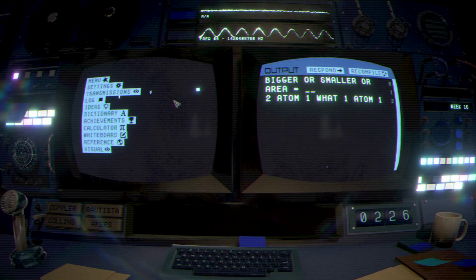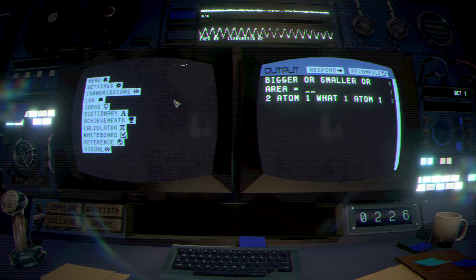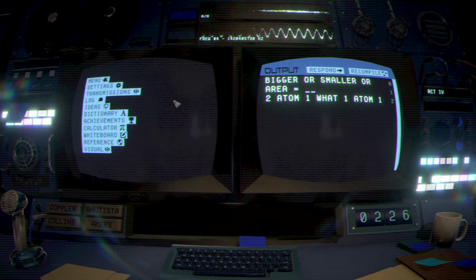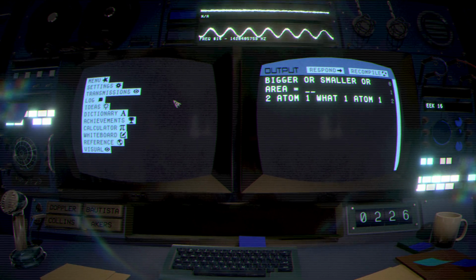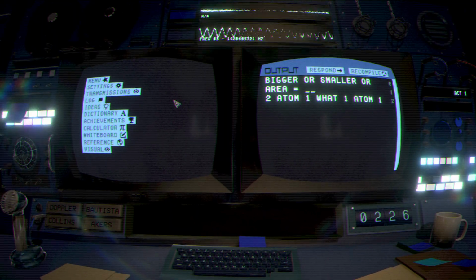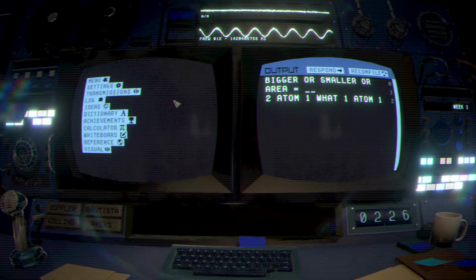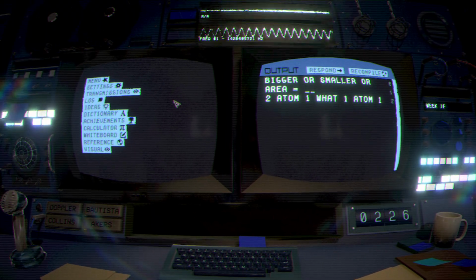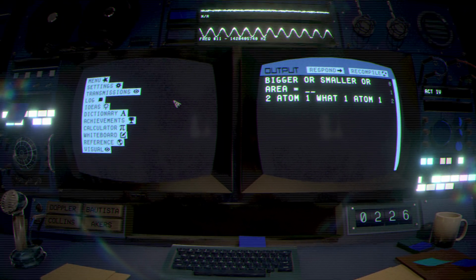Sure. Bigger or smaller or area equals 2. Atom 1. What 1 atom 1? Bigger or area? Two atom 1.